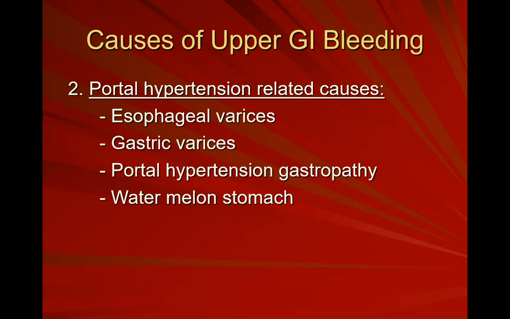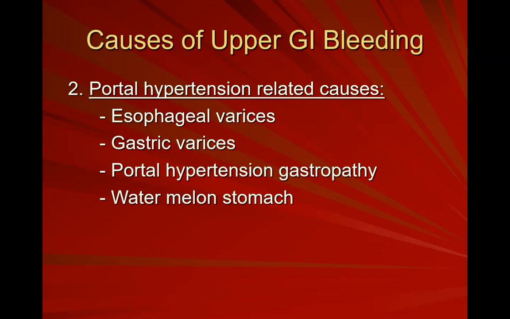So there would be connections. The body will try to bypass the liver, so the blood will go into these connections from the portal system into the systemic circulation. Okay. So what's going to happen after that?